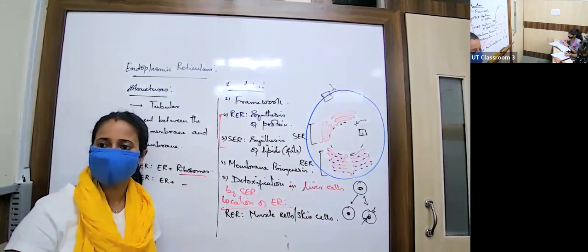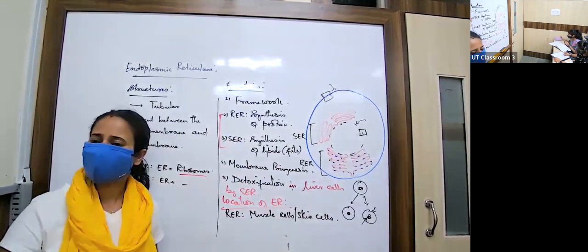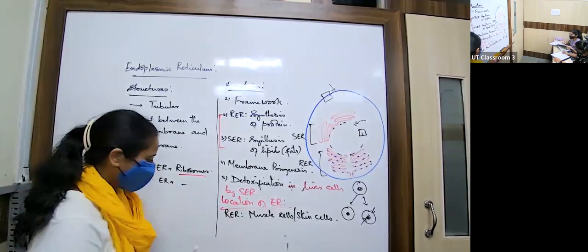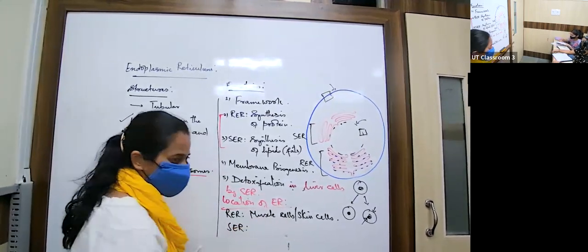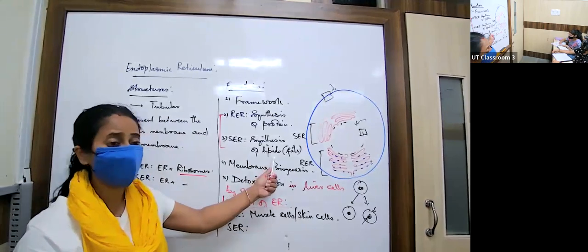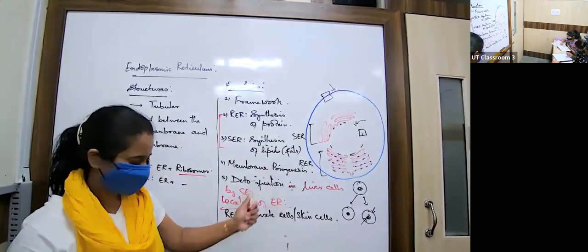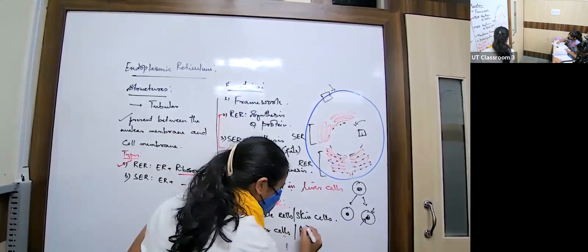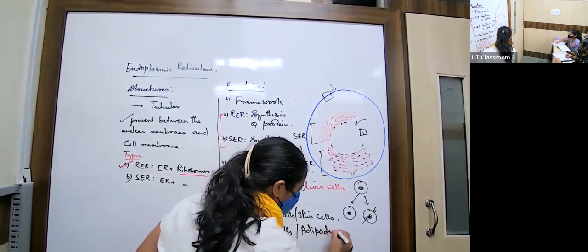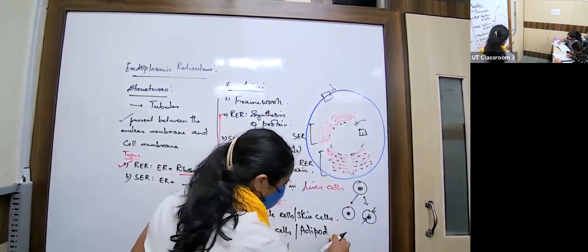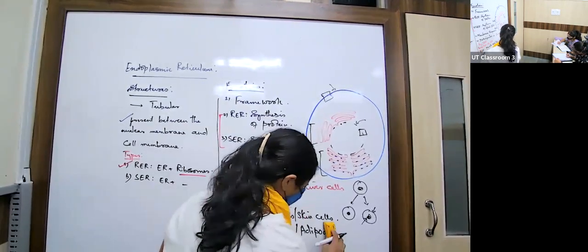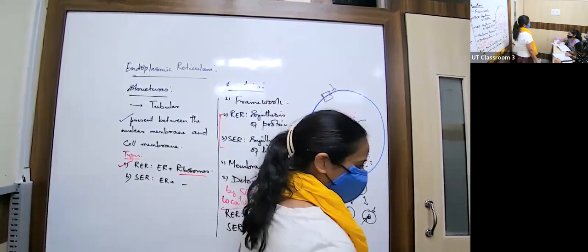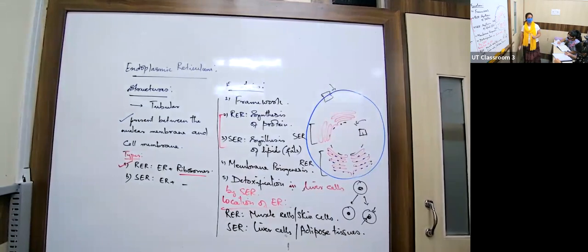Muscle cells, bone cells, nerve cells, skin cells, जहाँ पे ज़्यादा से ज़्यादा proteins की ज़रूरत है, वहाँ पे हमेशा RER will be more in number, and SER will be more in number जहाँ पे fat molecules ज़्यादा बनता है. तो SER कहाँ पे? More in liver cells, more in adipocytes या तो adipose tissues. Adipose tissues. I'm not giving you word adipocytes. उनको cells को adipocytes बोला जाता है, but let us take it this way. Adipose tissues.